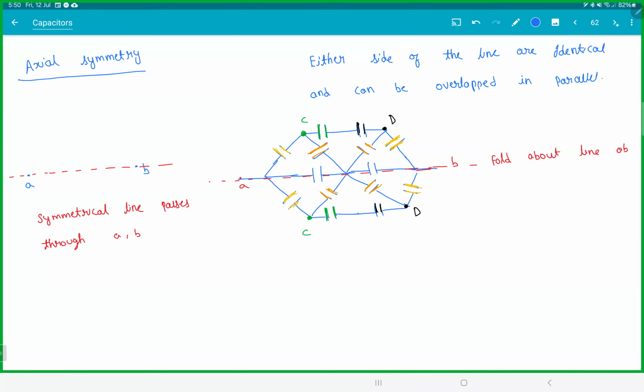so what you're literally doing is you're putting this point and this point in parallel to each other, isn't it? So if you keep two capacitors in parallel, then what happens? The capacitance will become double, keeping it in parallel.